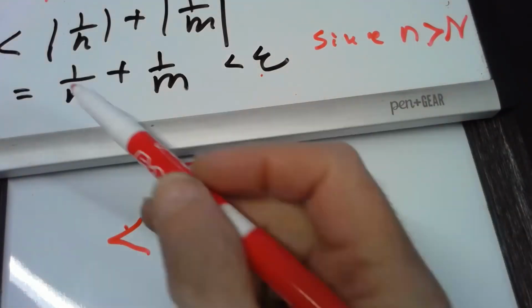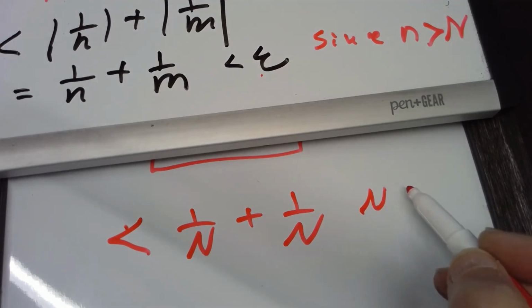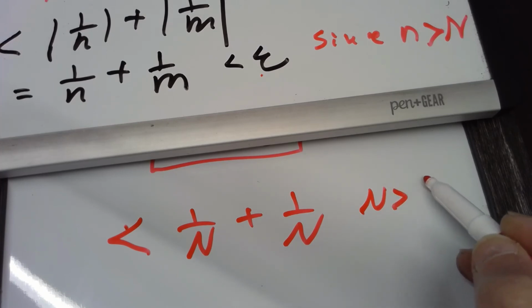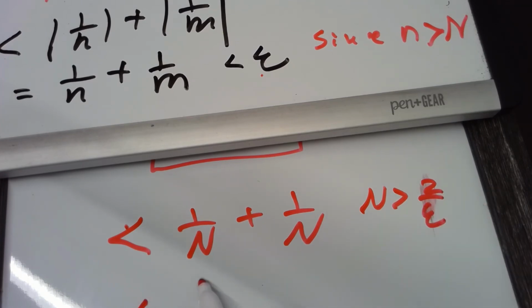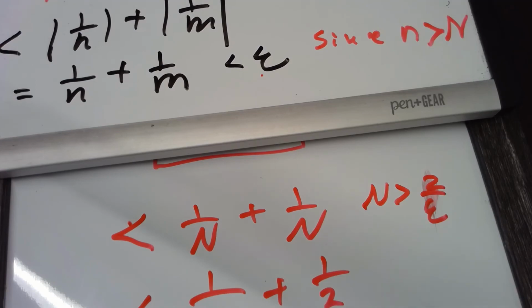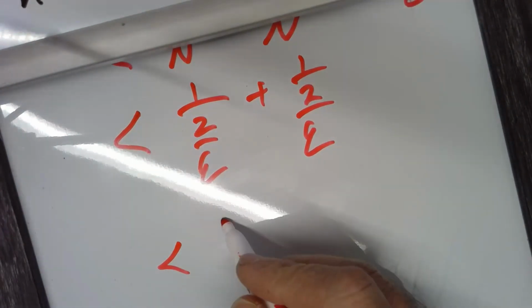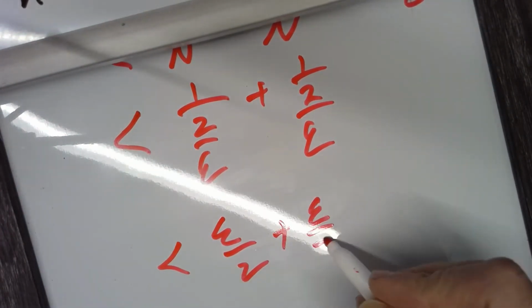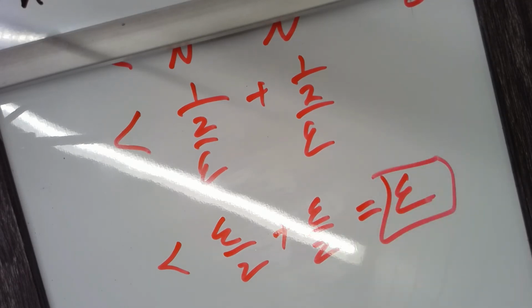And since we said that N is greater than 2 over epsilon, this will be 1 over 2 over epsilon plus 1 over 2 over epsilon. You apply the reciprocal, and you get epsilon over 2 plus epsilon over 2, which is equal to epsilon, and you've proven it. So that concludes this video.